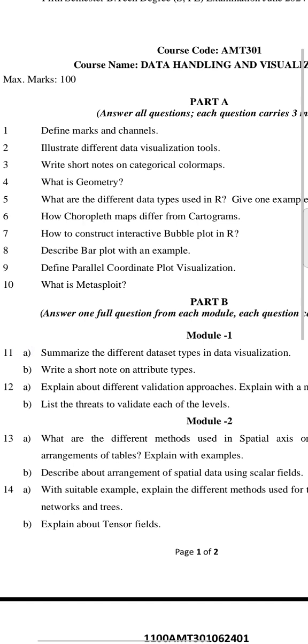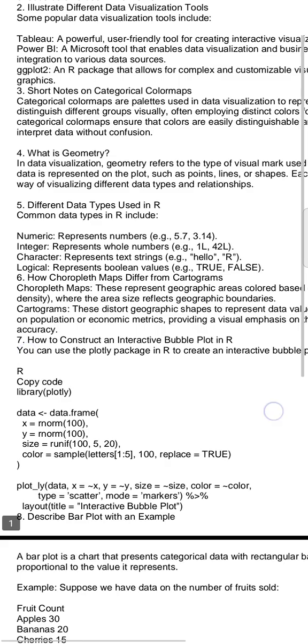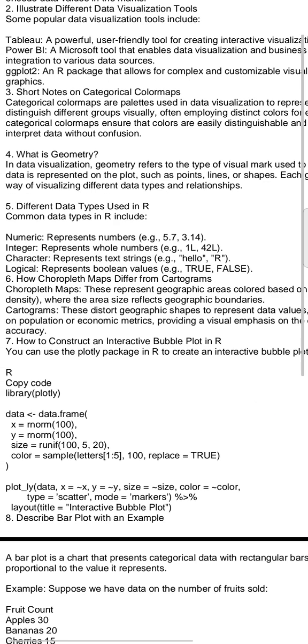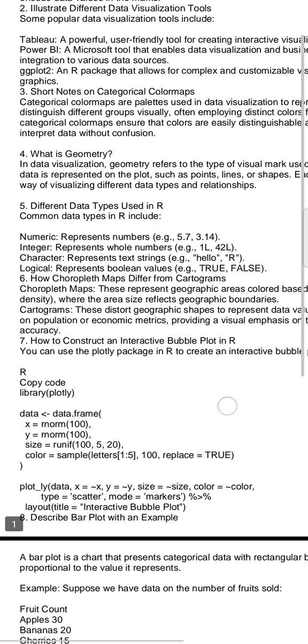Our next question is: write short notes on categorical color maps. This is a very important question. There is a chance for this question to come in the next exam also. So let's look at what categorical color maps are. Categorical color maps are palettes used in data visualization to represent discrete categories.